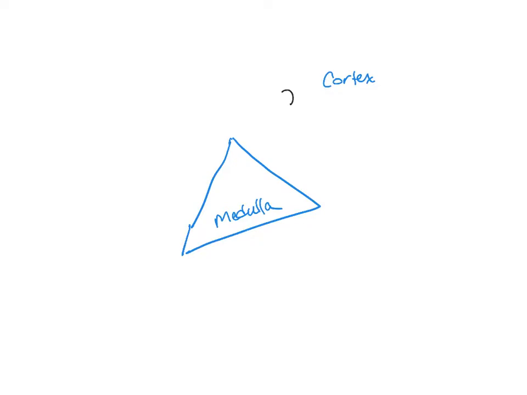So I'm just going to draw here one of the pyramids. Okay, so this is obviously the renal medulla. And then out here is the cortex. And then out here in the cortex is where we have that thing that we call the renal tubule. Right, so it's going to reach down.